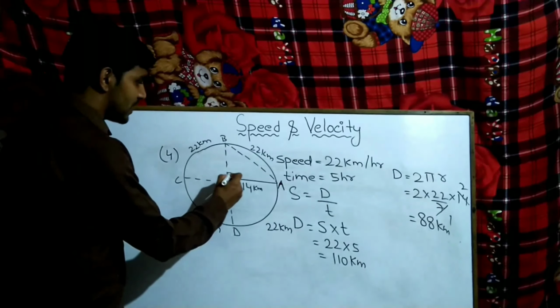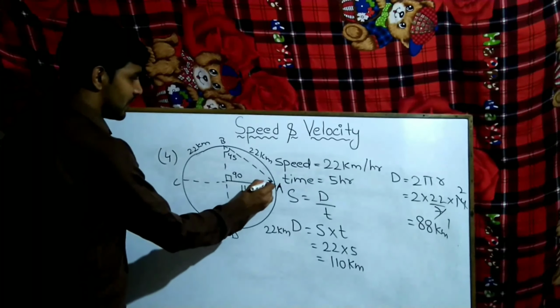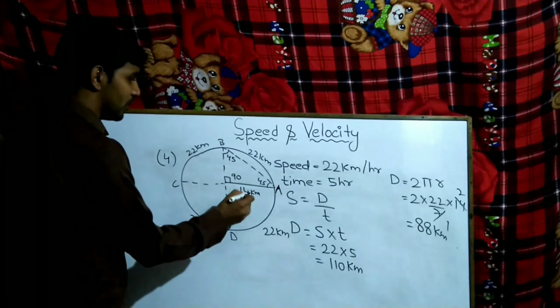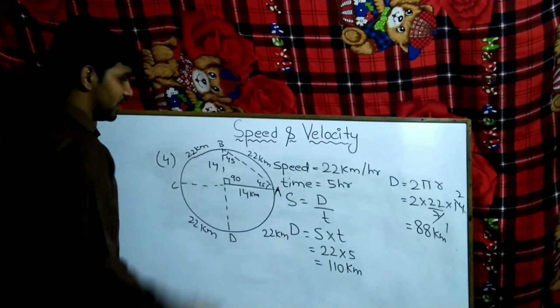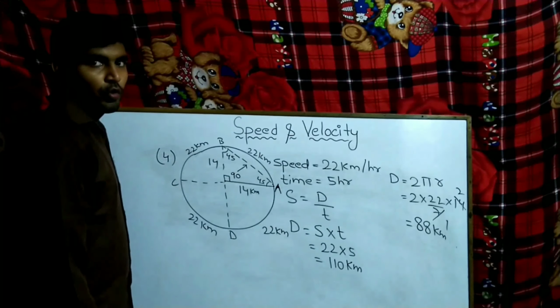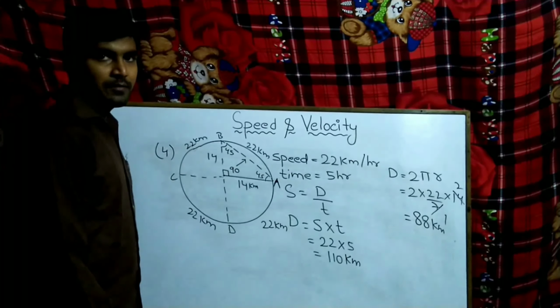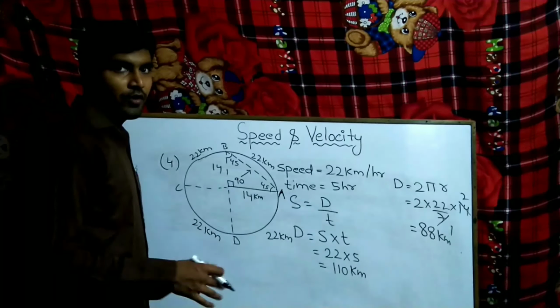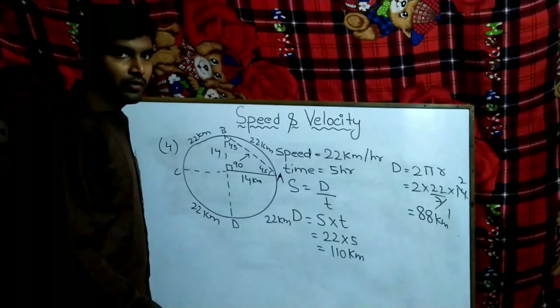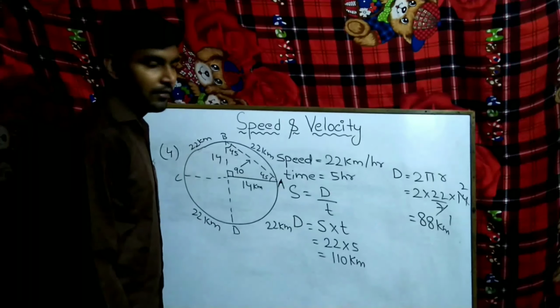Now tell me, this is 90, this is 45, this is also 45, because two sides are equal, because this is 14, this is also 14. Now the side opposite 90 is always root 2 a. You already discussed in basic mathematics, 45, 90 degree, then the side opposite 90 is always root 2 a, where a means side.